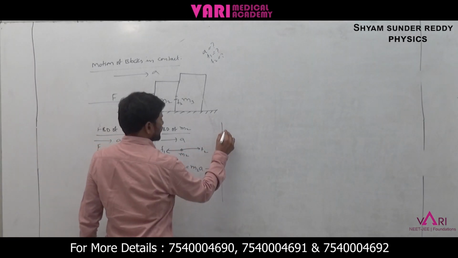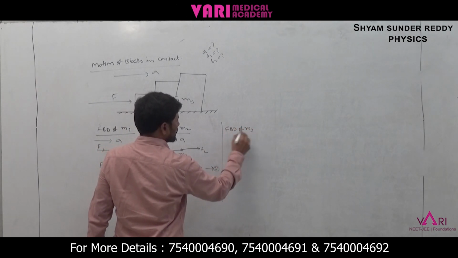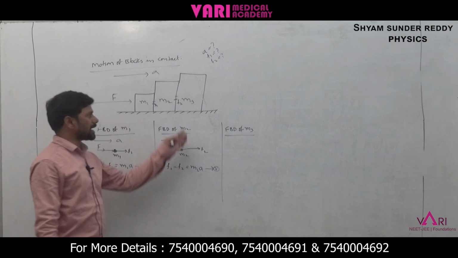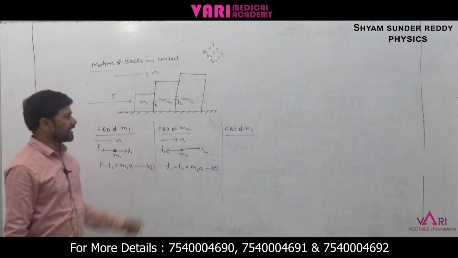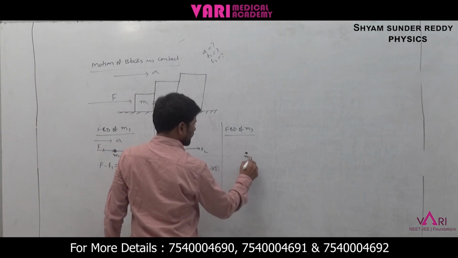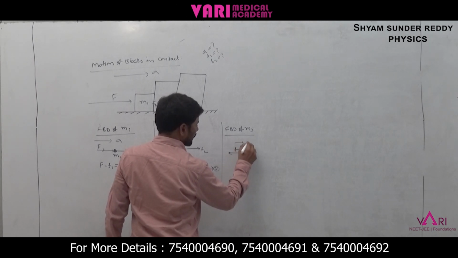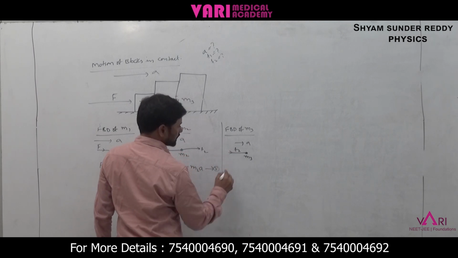Last one, FBD of M3, the free body diagram of mass 3. On this, only F2 is working. So on M3, this is F2 in the forward direction, with an arrow mark like this.